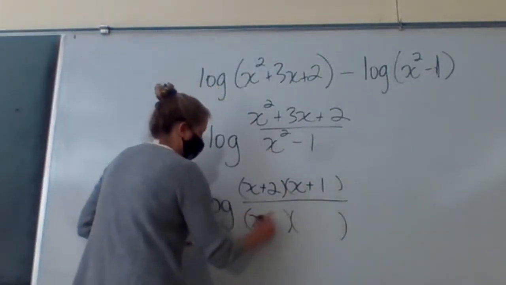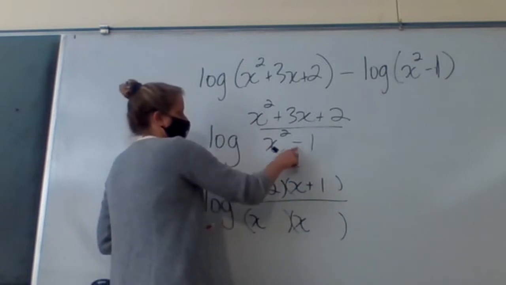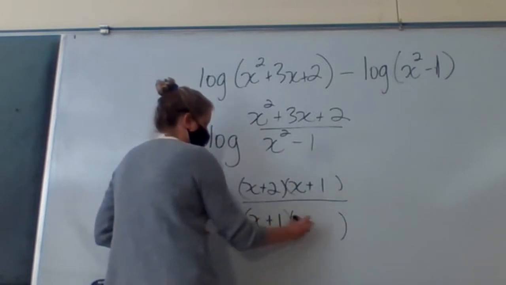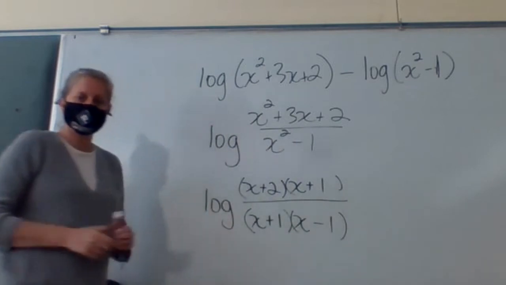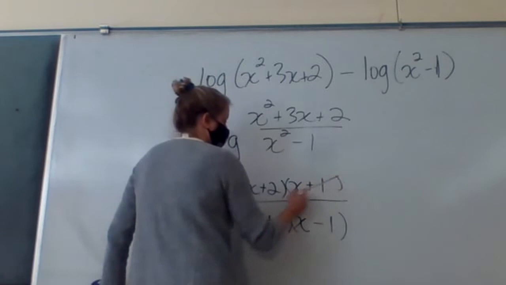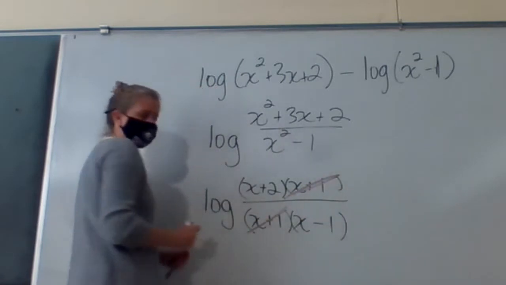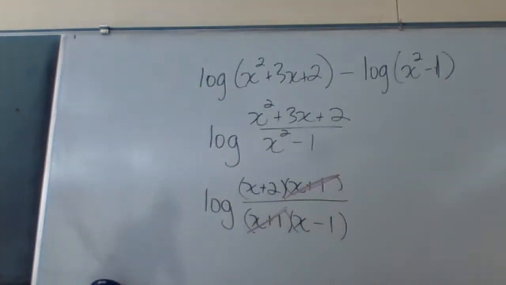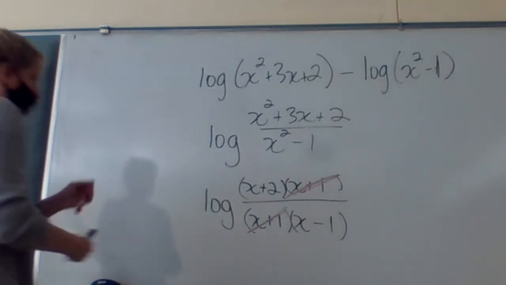So again, x and x for x squared. To get negative 1, I'll need a positive 1 and a negative 1. The x plus 1s cancel. Which means you are going to be left with log of x plus 2 over x minus 1.